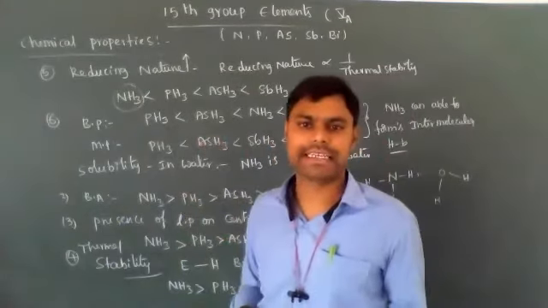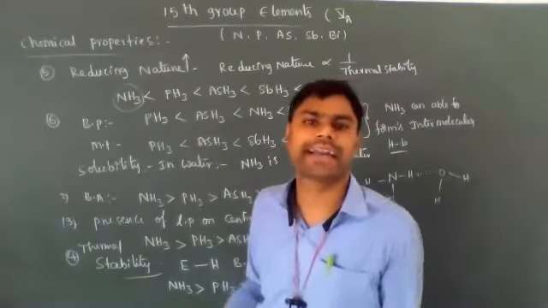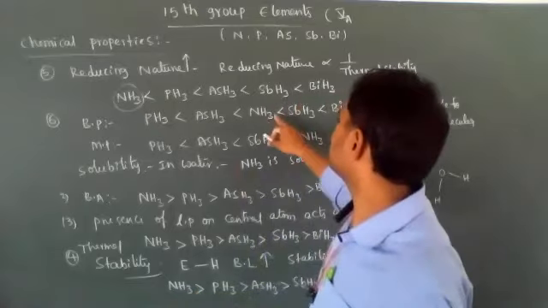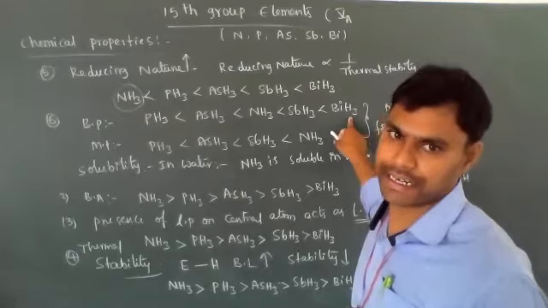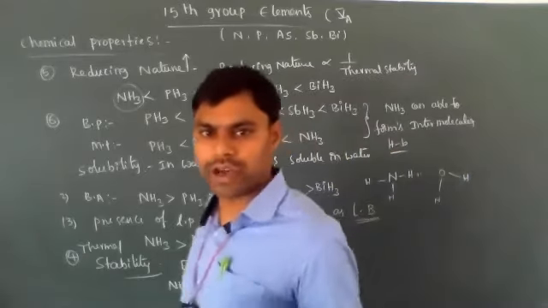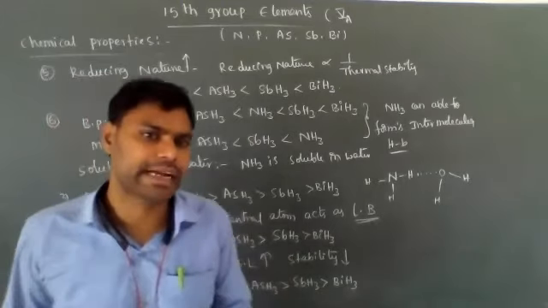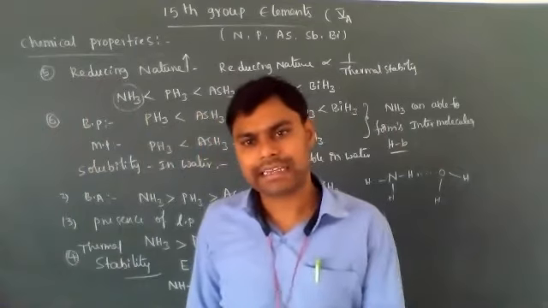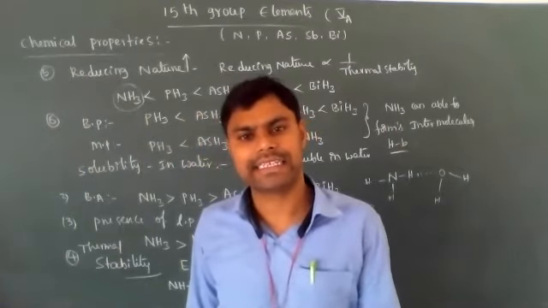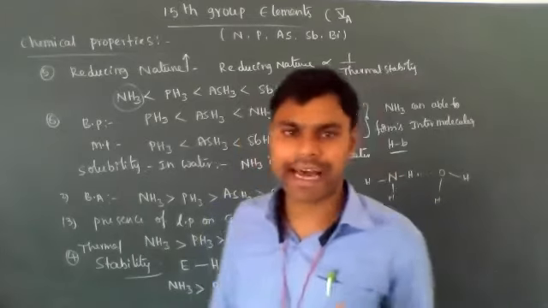So the first property is reaction with hydrogen. Generally they form EH3 type of hydrides: NH3, PH3, AsH3, SbH3 and bismuth hydride. Among the preparation methods of these hydrides, generally the corresponding metal compounds, on hydrolysis in acidic medium or treated with dilute acids, give the corresponding 15th group element hydrides.